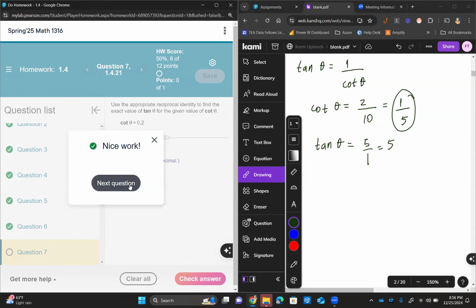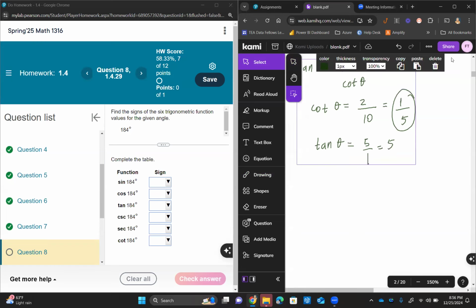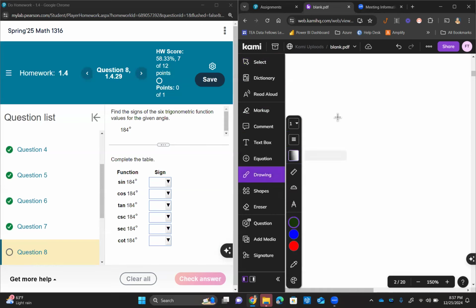Next question will be, find the signs of the 6 trig function values for the given angle, 184. So when we look at 184, this angle is in quadrant 3.